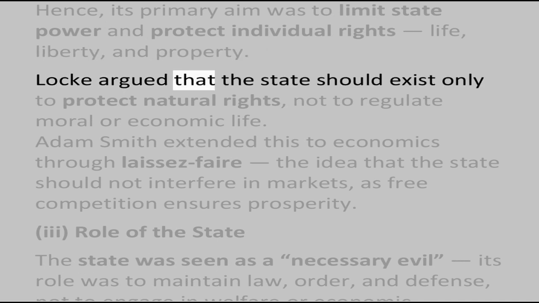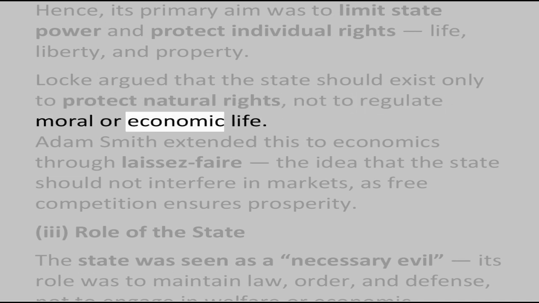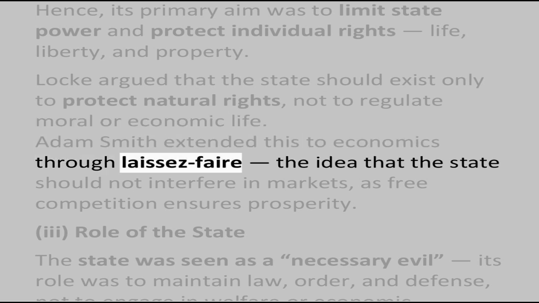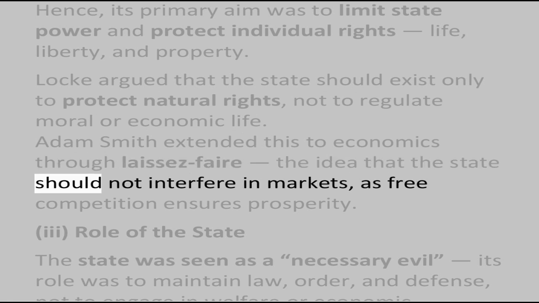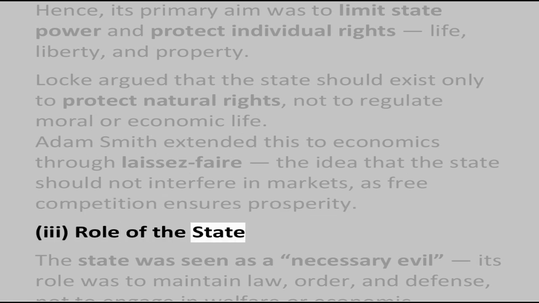Locke argued that the state should exist only to protect natural rights, not to regulate moral or economic life. Adam Smith extended this to economics through laissez-faire, the idea that the state should not interfere in markets, as free competition ensures prosperity.